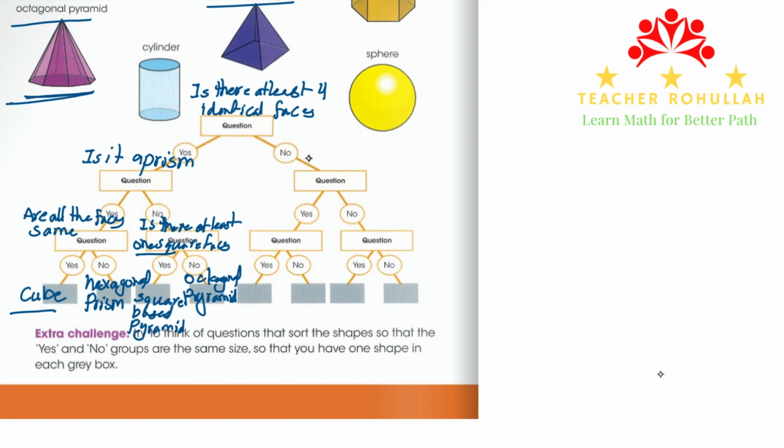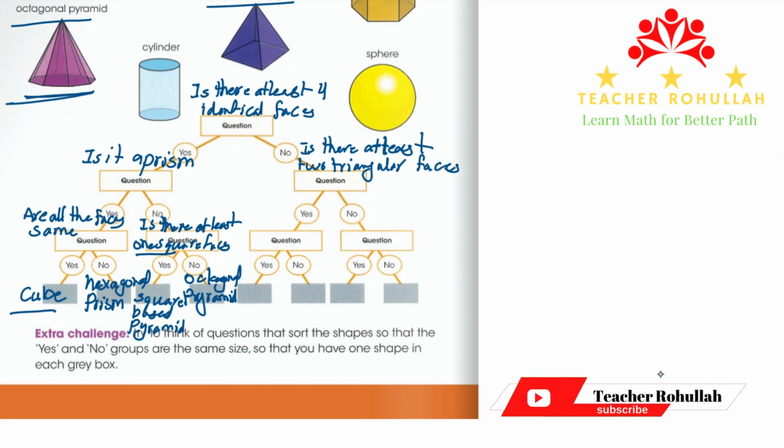The question can be, is there at least 2 triangular faces? Again, we have 2 possible answers. One is yes and the other one is no.